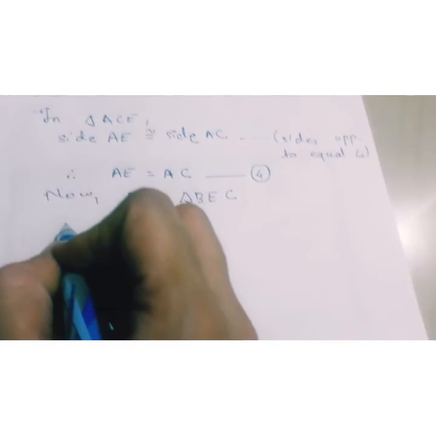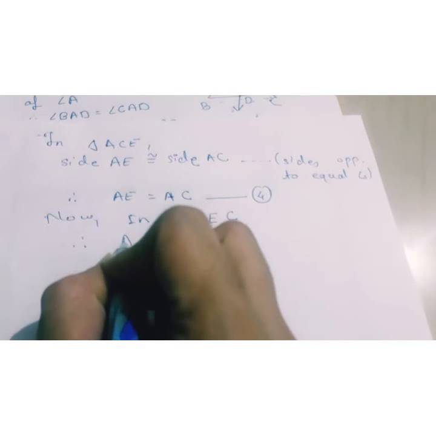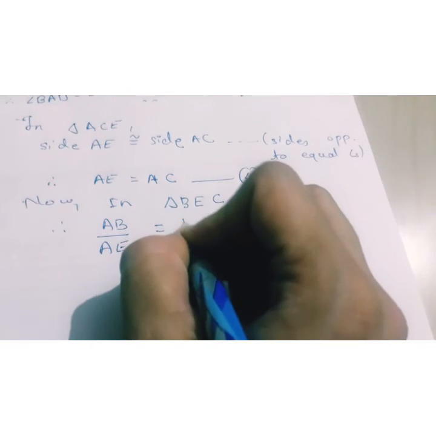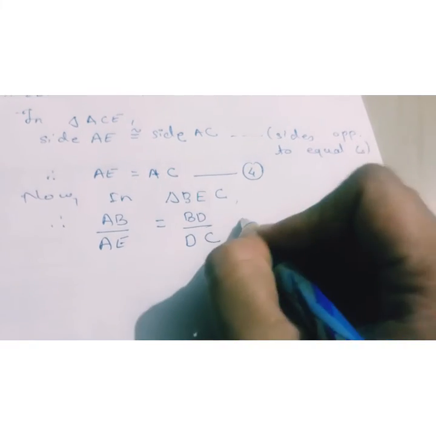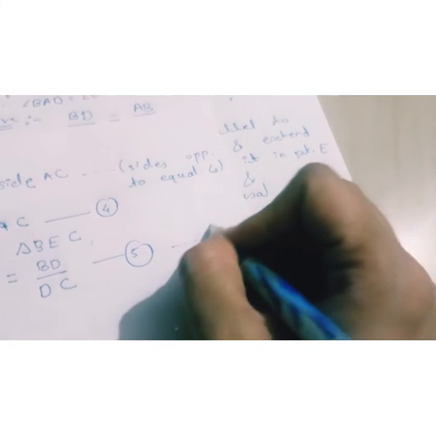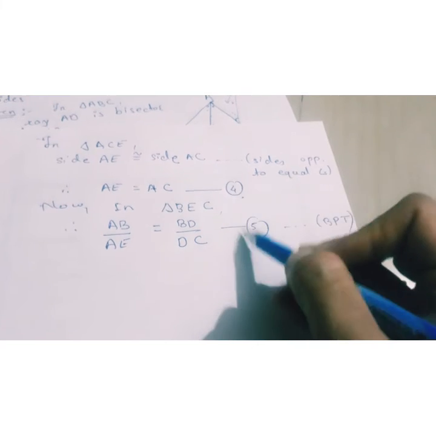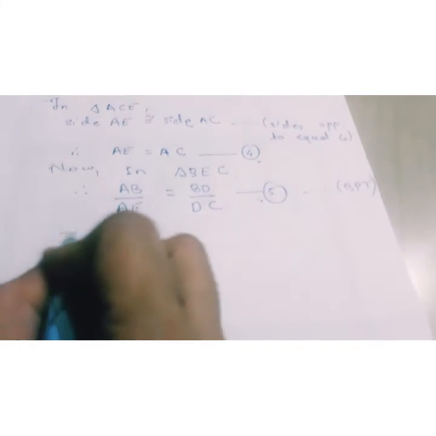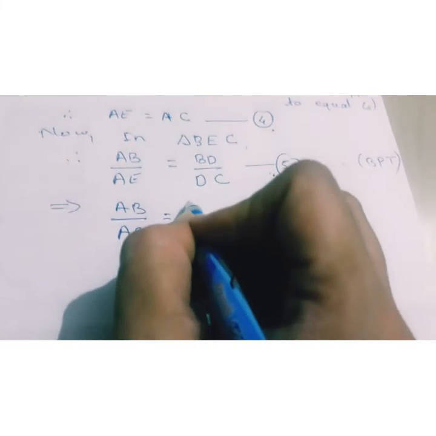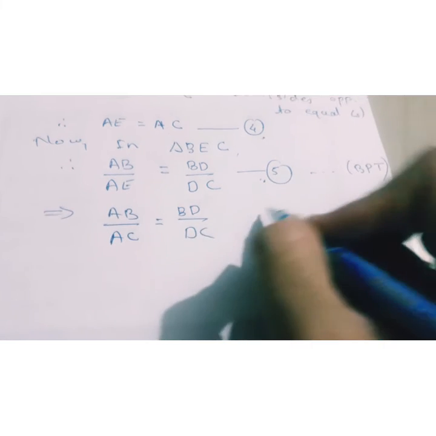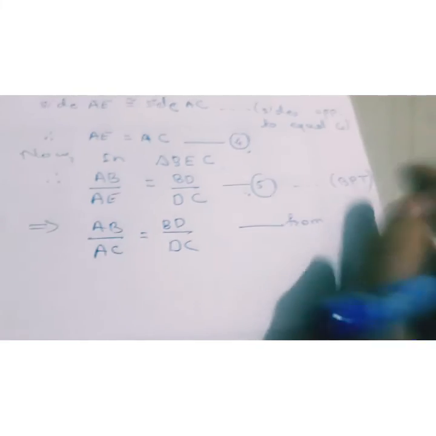So I can directly write, therefore, AB upon AE is the same as BD upon DC. This is equation number 5, according to the basic proportionality theorem, that is BPT. And from equations 4 and 5, AE is equal to AC. Therefore, AB upon AC is the same as BD upon DC. That is nothing but our required thing. This only we require.